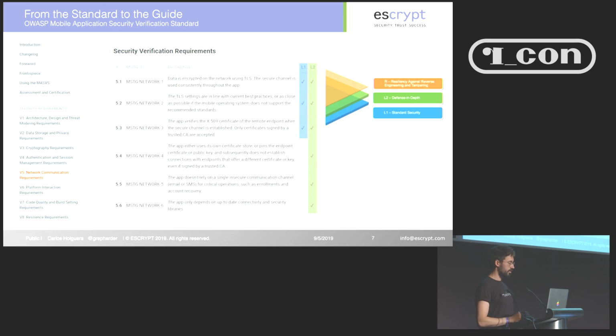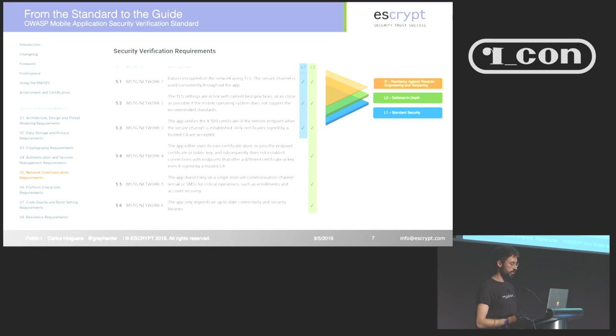So this is how the requirements look like. In this case, on the left side, you can see the categories. I don't see if you can see my pointer here or not, but you can see the categories, V1, V2.